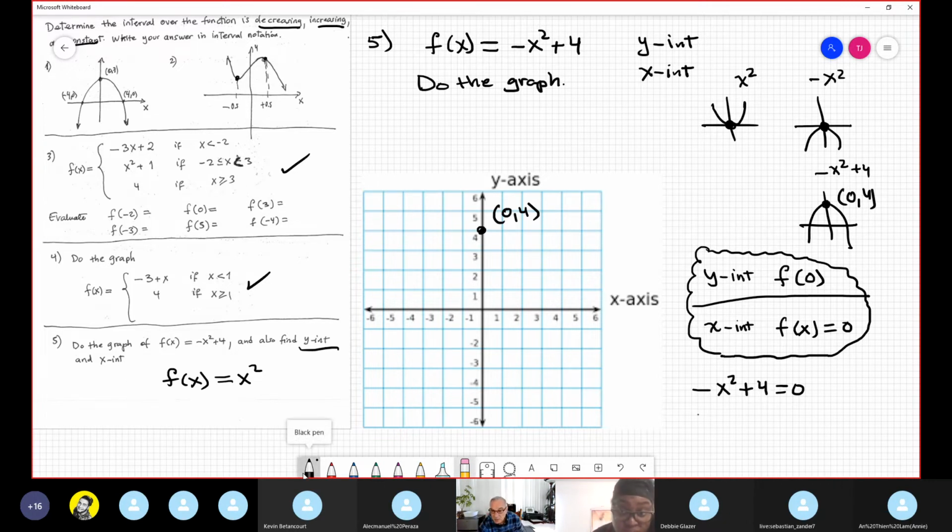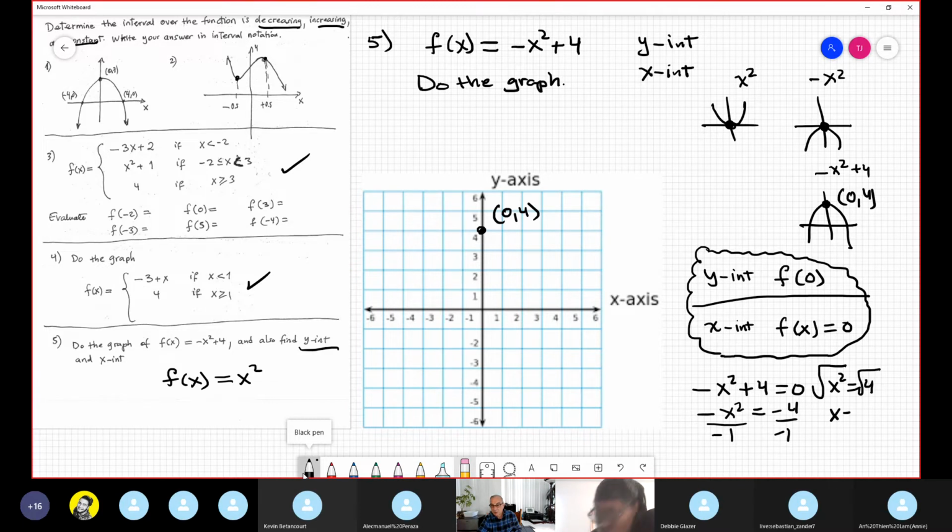For example, moving 4 to the other side, divided by -1 on both sides. Now we have x squared equal 4. Apply the square root to both sides, because it's an easy quadratic equation. I am using the square root method because b is 0.